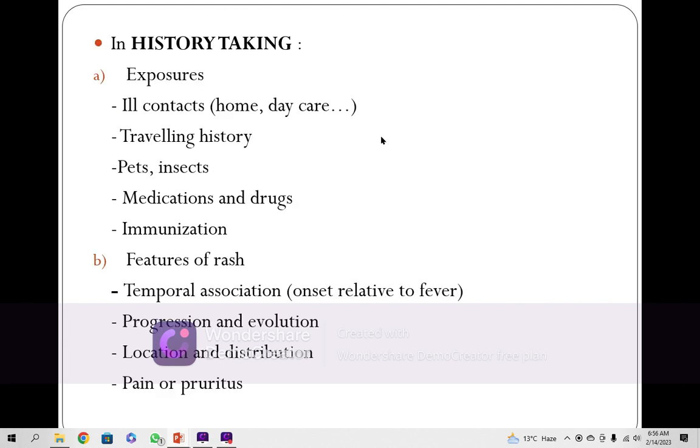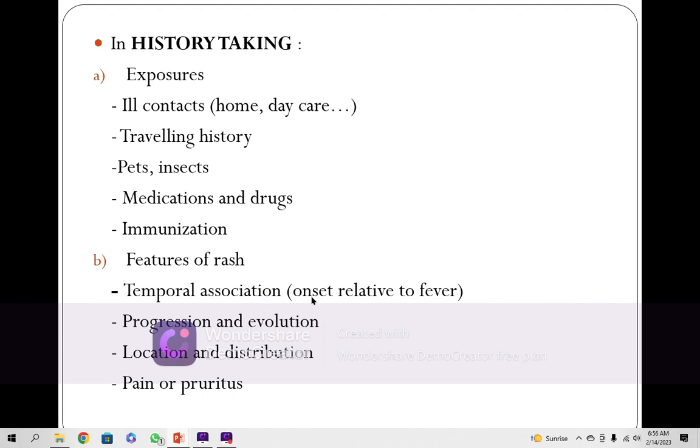So history should be thoroughly taken. That is the contacts at home, in the daycare units, travel history, pets inside the home, insect exposure, medications and drugs, and immunization history, and features of the rash should be described. What type of rash is it?